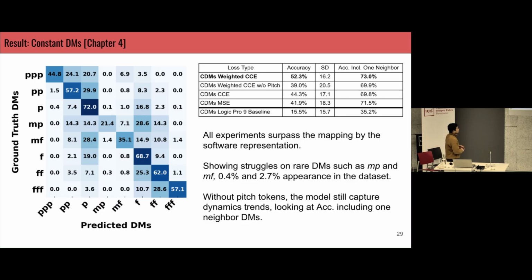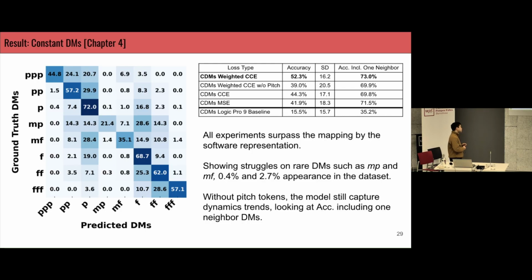I think this is because those dynamics markings do not really appear in the training dataset; they make up only 0.4% and 2.7% of the training data. It's difficult for the model to correctly detect these rare tokens.